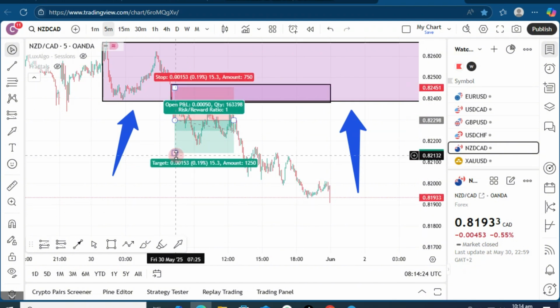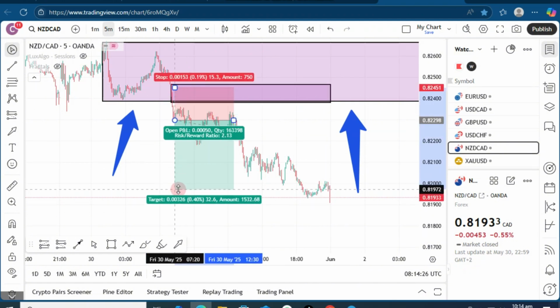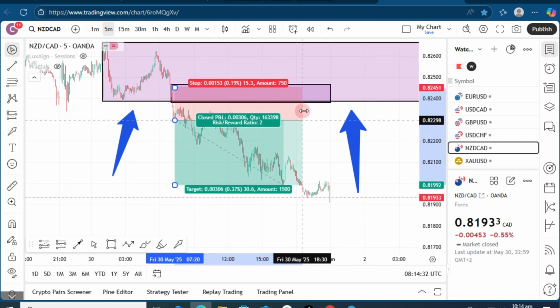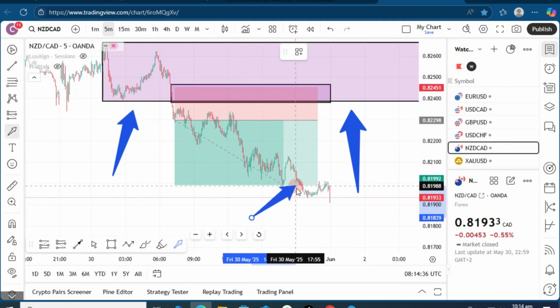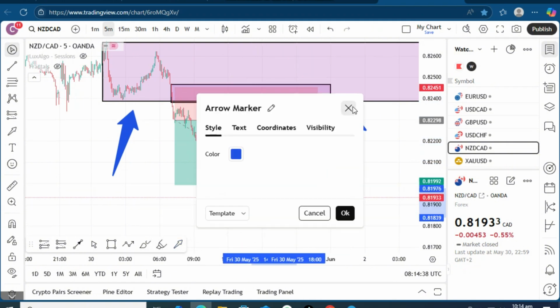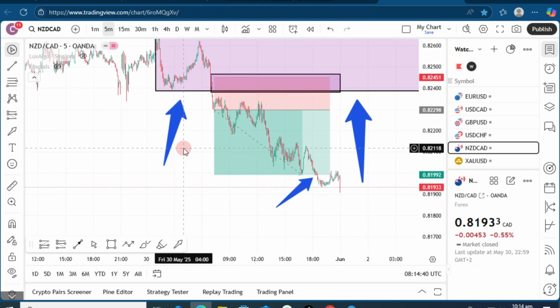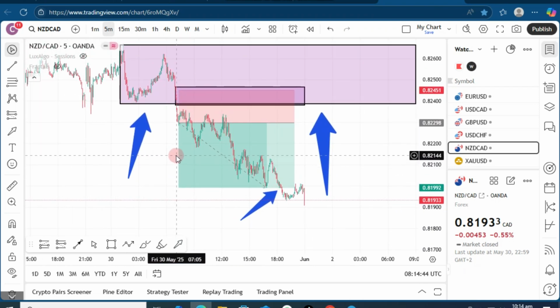That's good. Now you see that I would have broken out at this place over here. That is just to show you how well this strategy works, and it's really easy to apply. It actually works for any of the pairs.